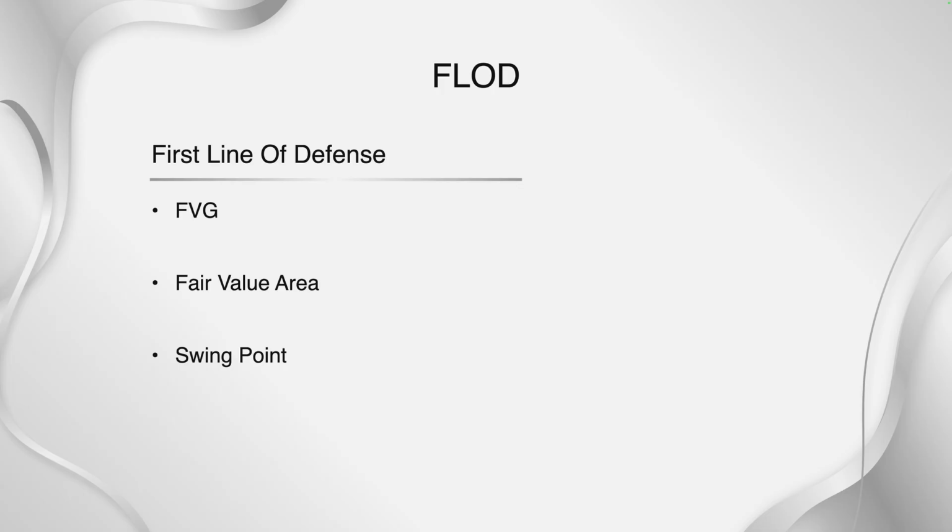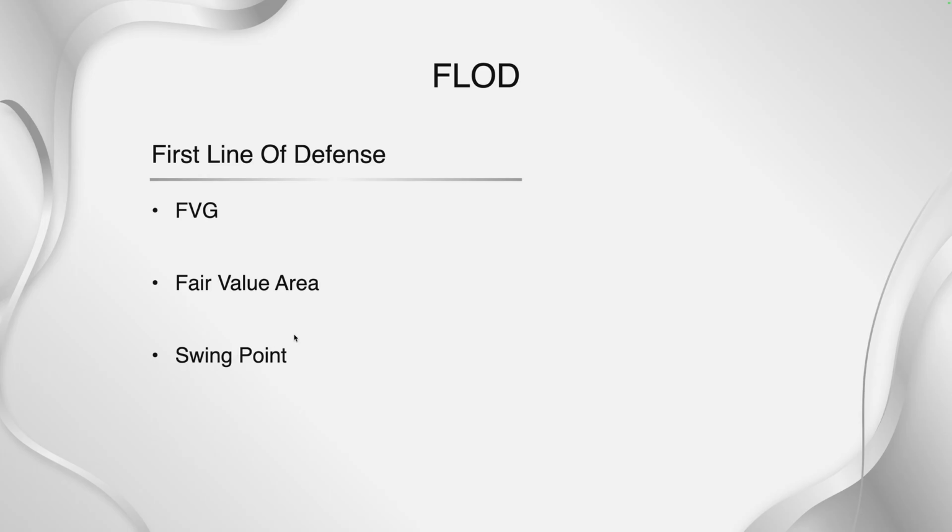So when we have a first line of defense being a swing point, that's the lowest probability thing for price to create. The highest probability is a fair value gap. After that, a little bit lower probability, but still in some conditions high probability, is a fair value area. After that, the lowest probability is just a singular swing point.